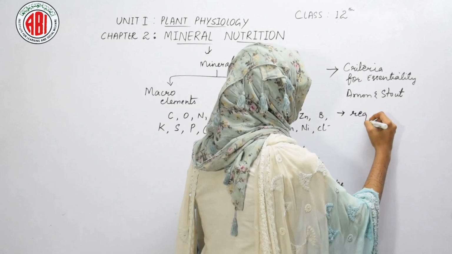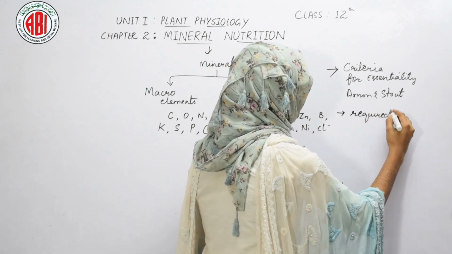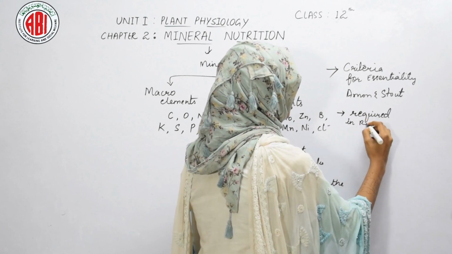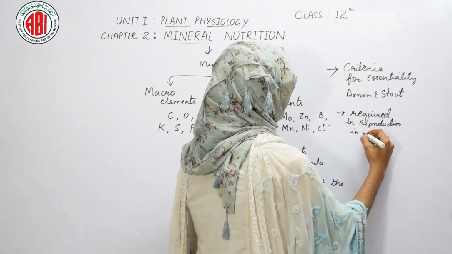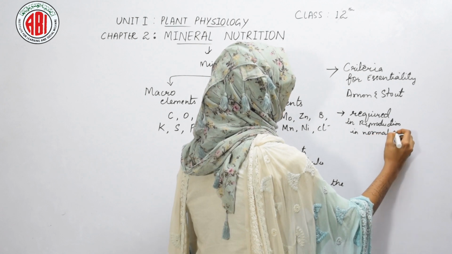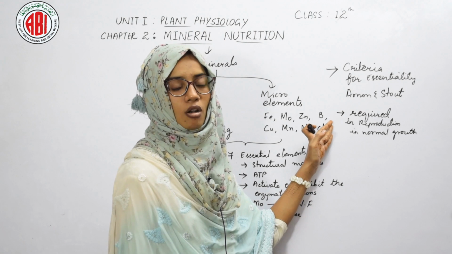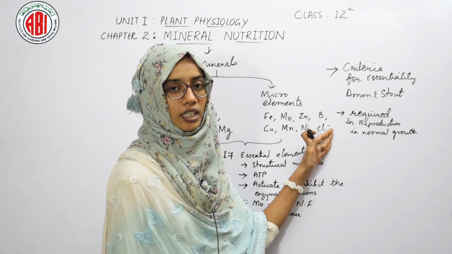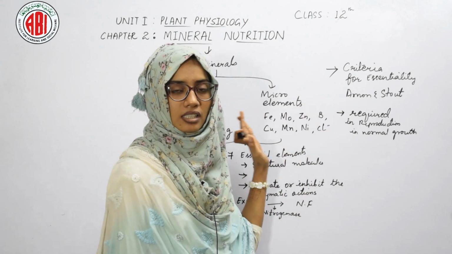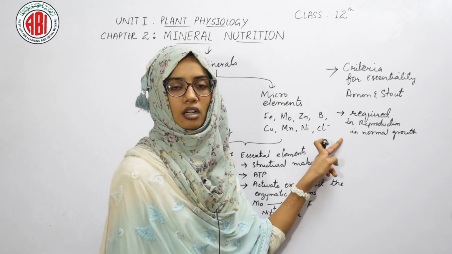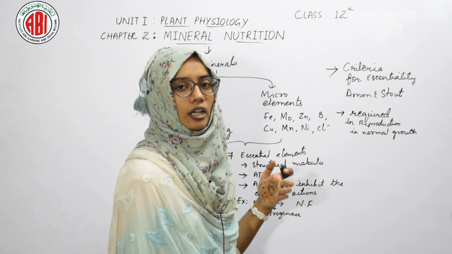Now, when do we say that these elements are essential? Essential elements are required to carry out reproduction and also the normal growth of the plant body. In the absence of these essential elements, reproduction and normal growth cannot be carried out in the plant.